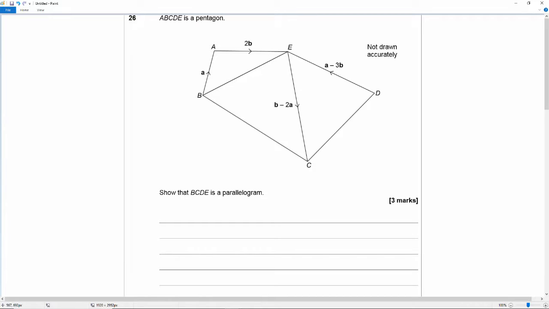Okay, so let's see what we can work out. Let's do BE first. BE is equal to A plus 2B.